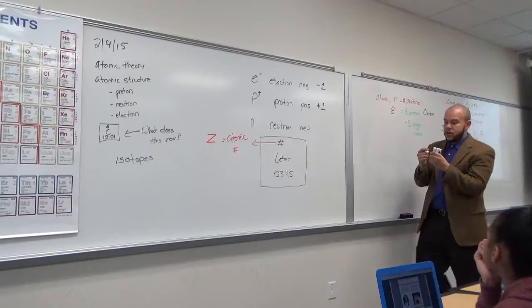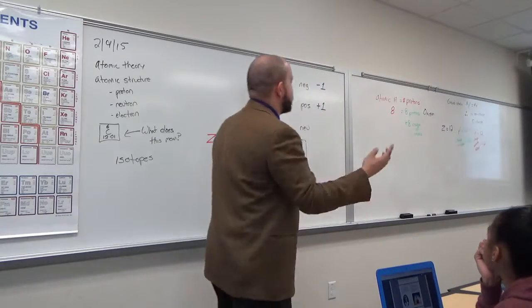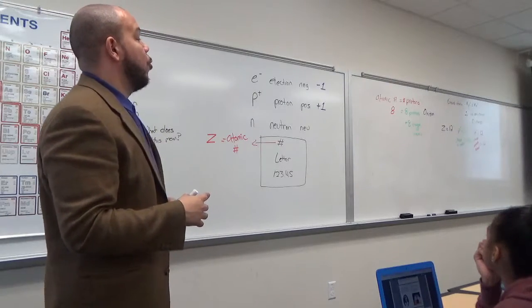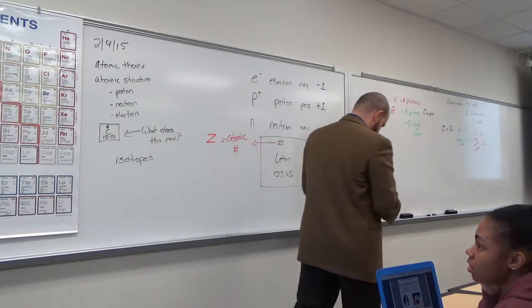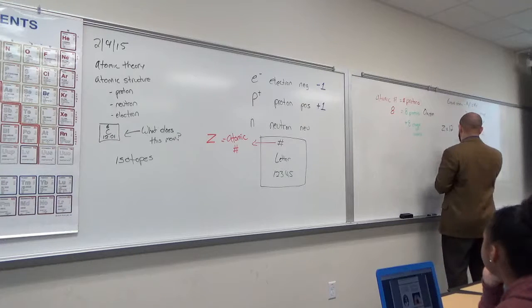Total net charge, 0, what we expect. Why? Because by definition, ground state, protons equal electrons. What is the identity of this atom that we have theoretically built? This will be magnesium, Mg.